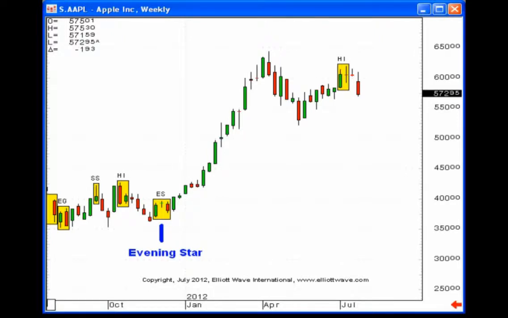Today's lesson is that whenever you see a situation like this, where you have a high probability sell signal or a bearish reversal candlestick pattern, and it doesn't work out, many times what you'll see is that it turns into an even higher probability trade setup or trade signal in the opposite direction.